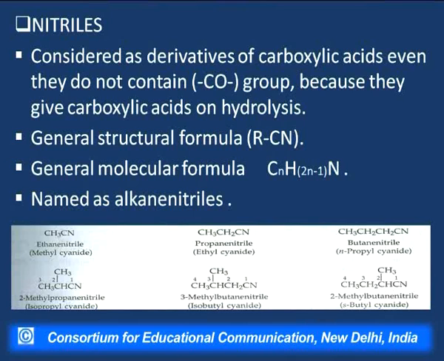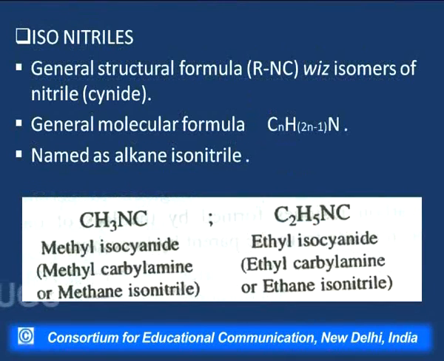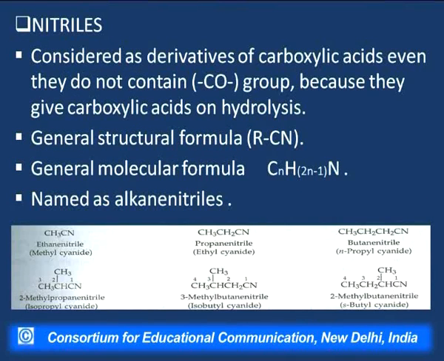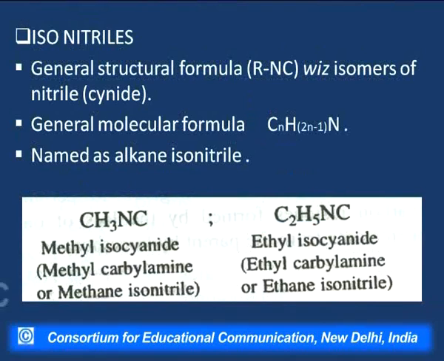Now if I talk of the 5th example, in this case we have an alkyl group and we will name it 3-methyl butane nitrile. Now another set of compounds which are isomeric with cyanides are isocyanides. In isocyanides, please look here, this carbon atom is attached to nitrogen.